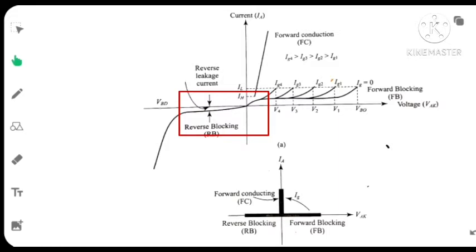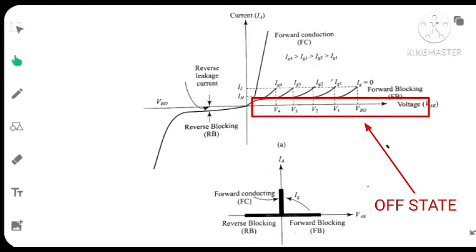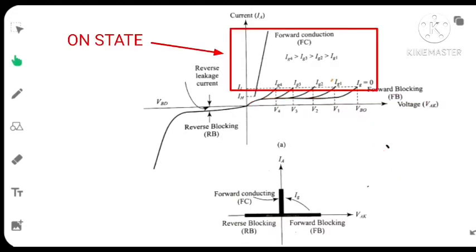You can see in the first quadrant there are two different regions: the forward blocking region and the forward conduction region. In the forward blocking region, the SCR is in the off state, and in the forward conduction region, the SCR is in the on state.